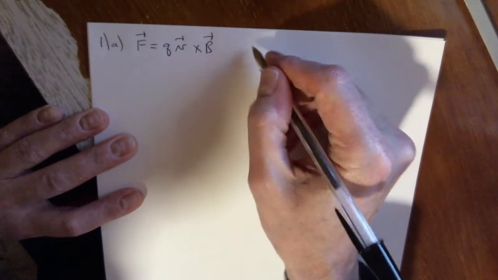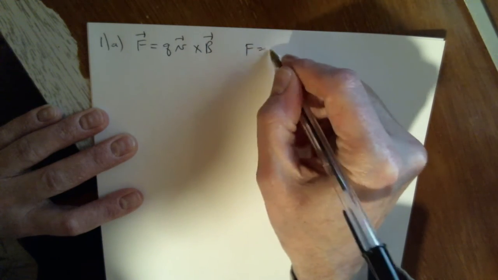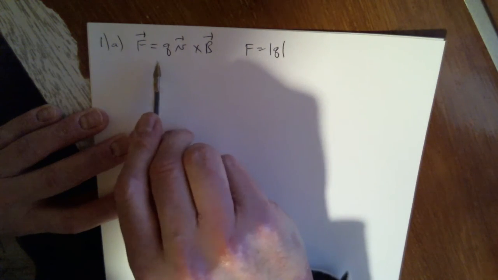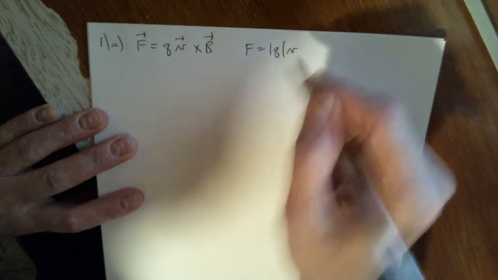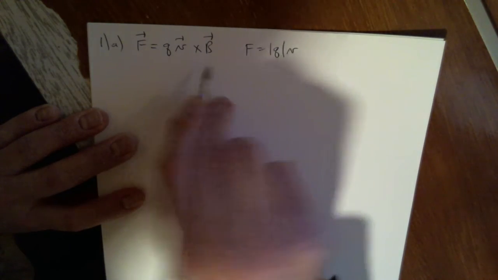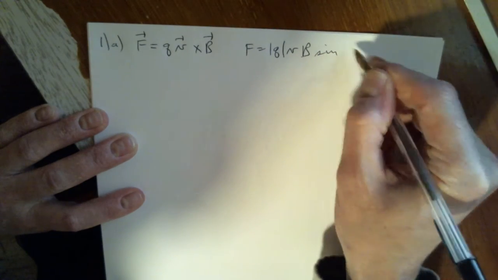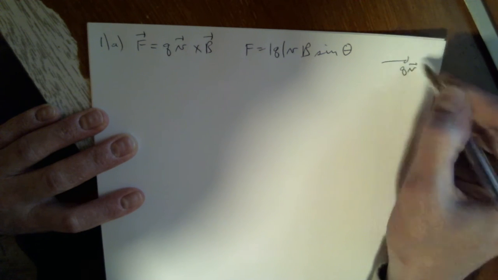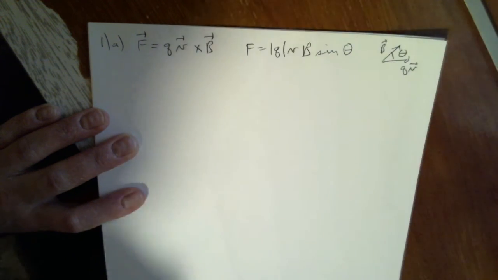The cross product has magnitude equal to the magnitude of the first vector, which in this case is the magnitude of charge times speed, times the magnitude of the second vector, which is the magnitude of the B field, times sine of the angle between them. So if you have v and B, theta is the angle between them.